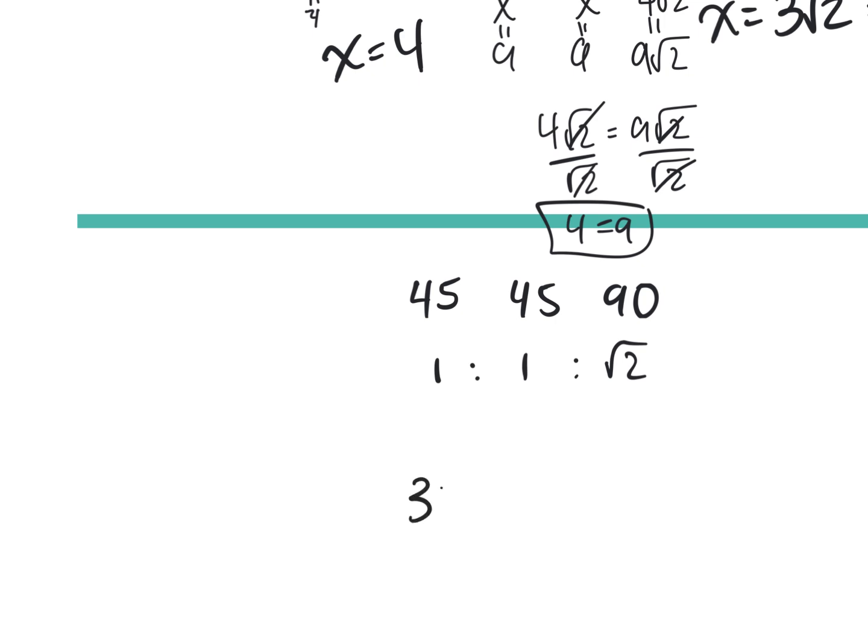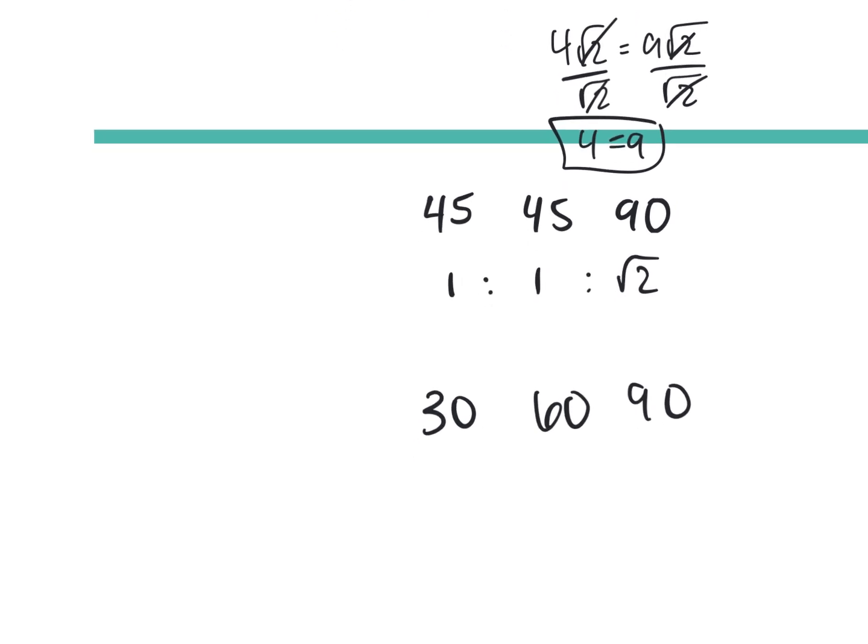So for 30, 60, and 90, he starts with the smallest leg across from the 30 being a unit of 1. Then the 60 would be what ratio? The square root of 3. And then the hypotenuse across from the 90 would be what?